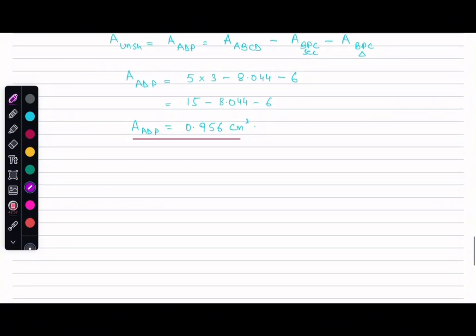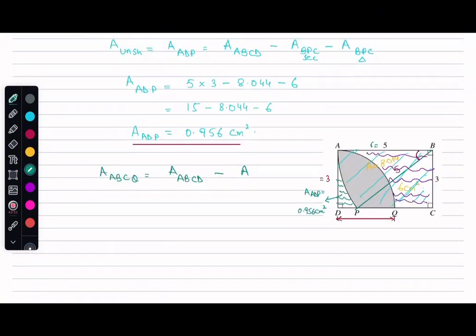Let's now find out the area of A, B, C and Q, and this shall be equal to the area of the rectangle ABCD minus area of the sector ADQ, for which we already have the value.